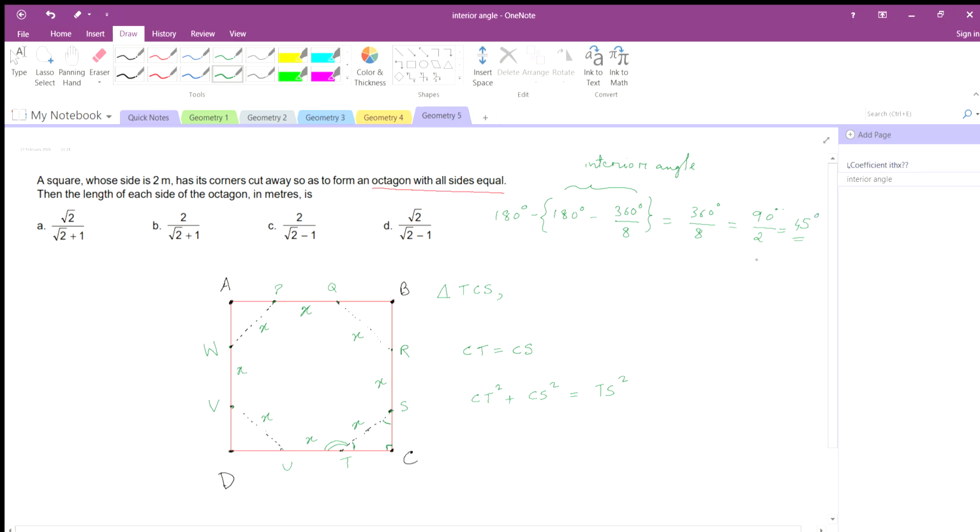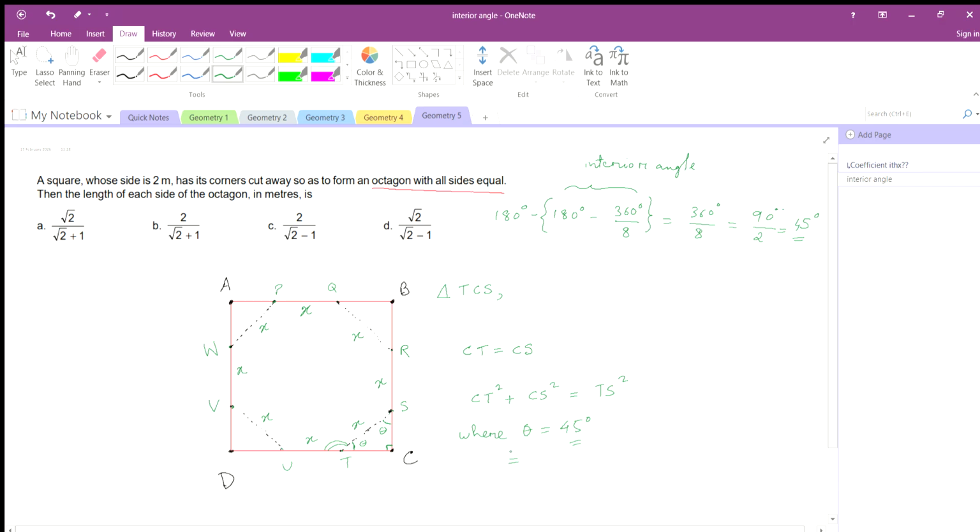That means each exterior angle of the regular octagon is 45 degree. So this angle is theta. This angle will also be theta, where theta is equal to 45 degree. That means this is an isosceles right angle triangle.